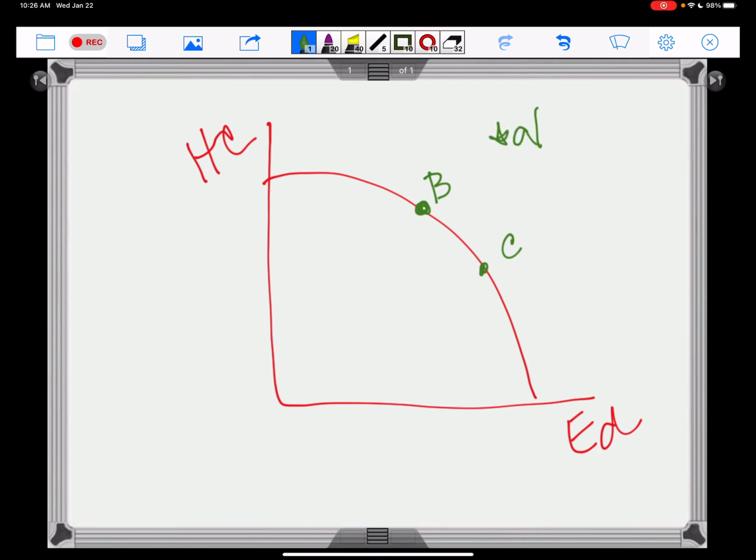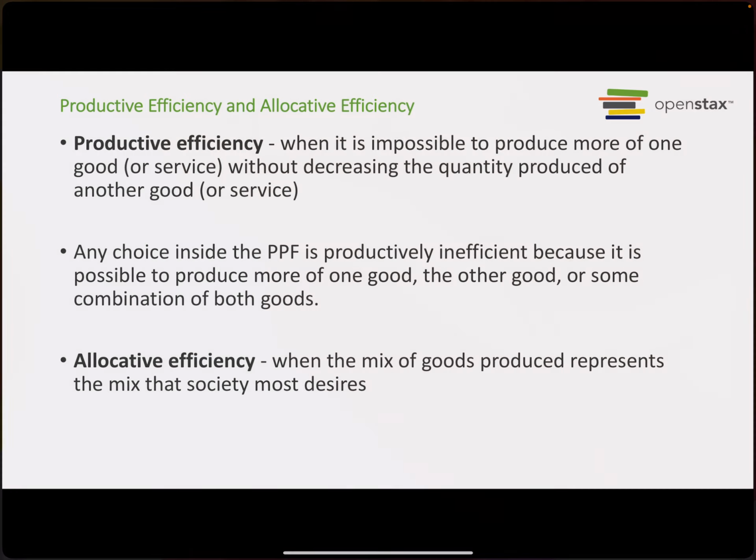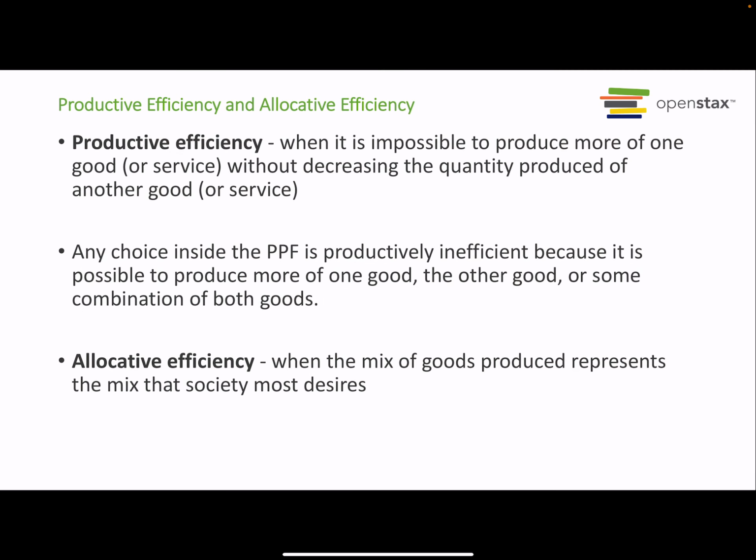We say they are attainable, and they are efficient. And that's what I'm talking about now. Productive efficiency means it's not possible to get more health care without giving up education because I'm currently on the frontier. That's productive efficiency, okay?